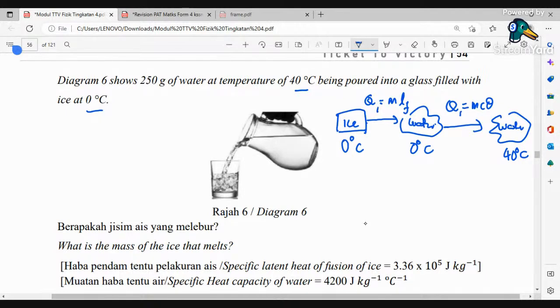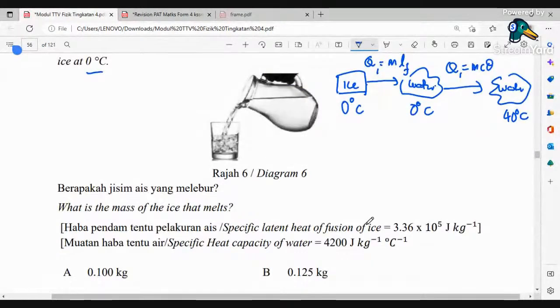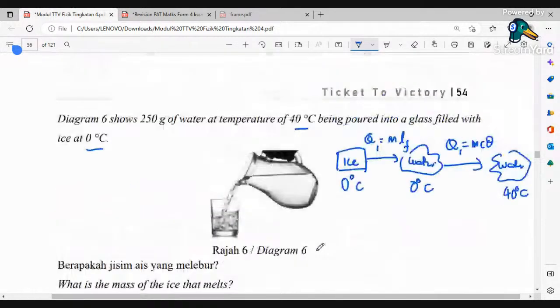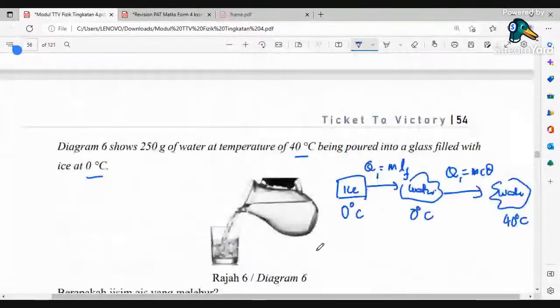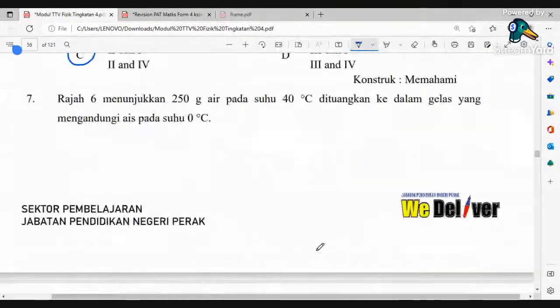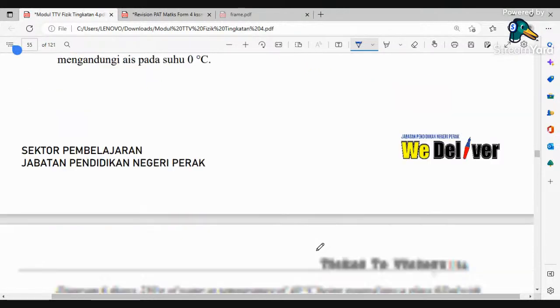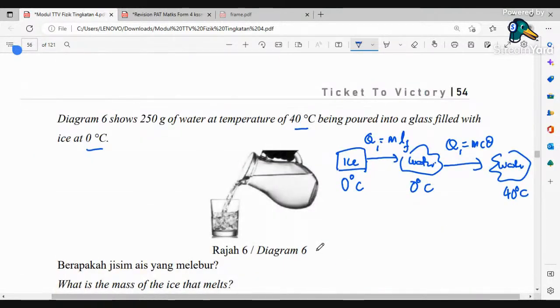Thus, we want to calculate m, mass of ice melt. So kita guna konsep heat released by water.